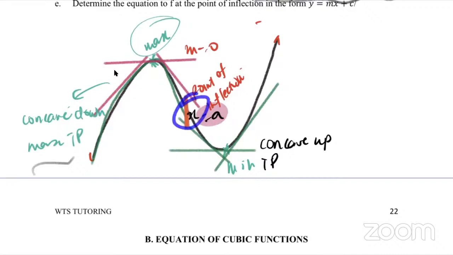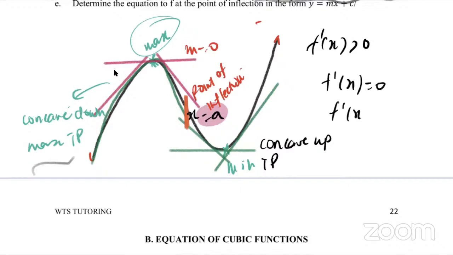So concave up and concave down are separated by a point of inflection, which is different from the idea of f prime of x greater than 0. Now, f prime of x greater than 0, f prime of x equals 0, f prime of x less than 0 is similar to what we just talked about, but they're not really asking for the very same thing.